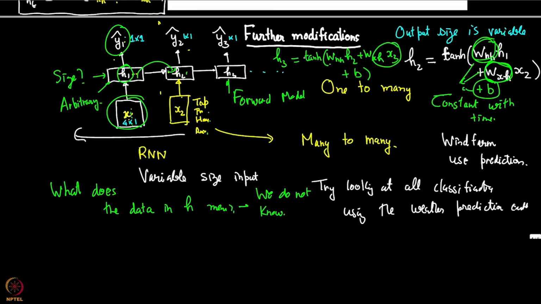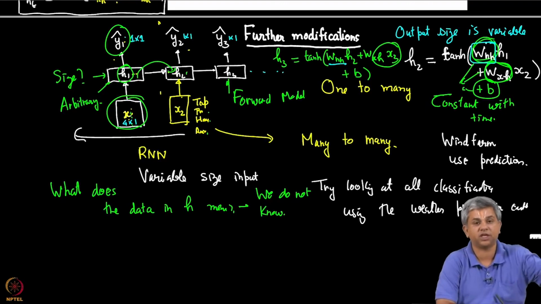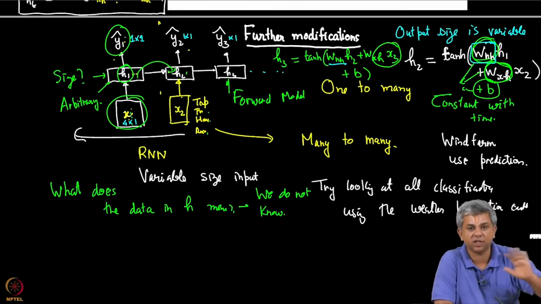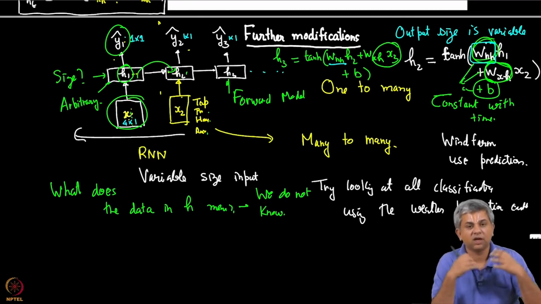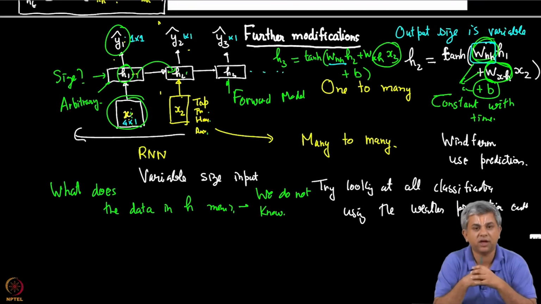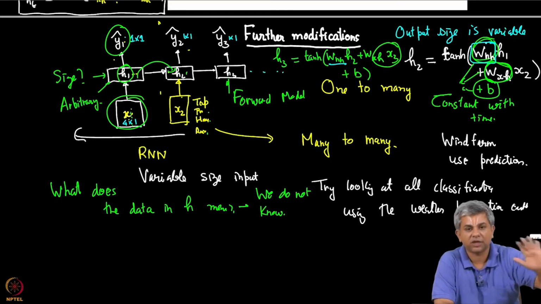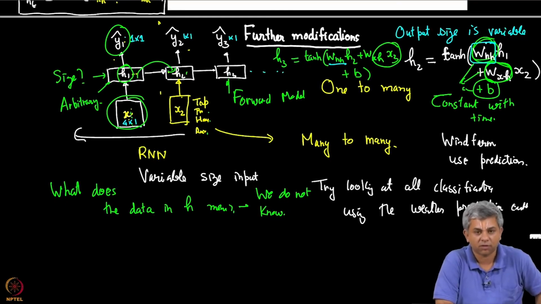Now, this W_HH is the same as this W_HH. So, you do not change weight matrices as you go forward, because that would mean a tremendous number of parameters for RNNs. The power of RNNs, or the reason why they are useful, is that you can use one W_HH, one W_XH and get done. That is what gives RNNs power.